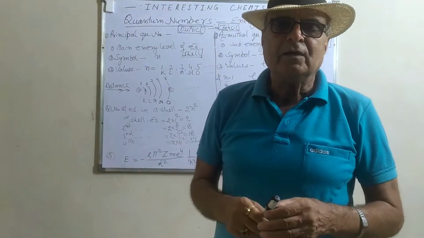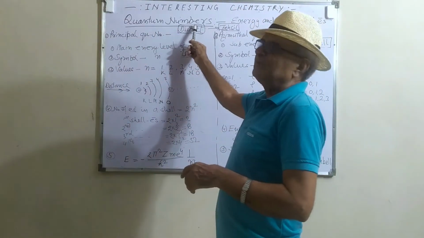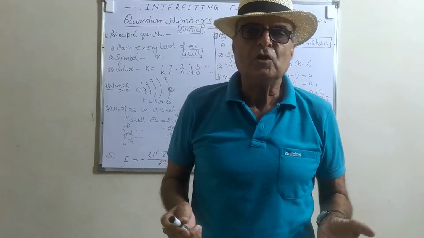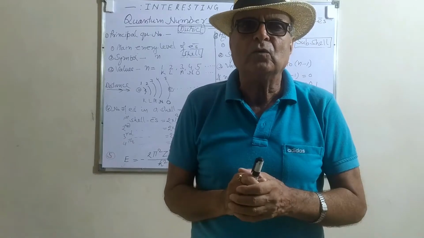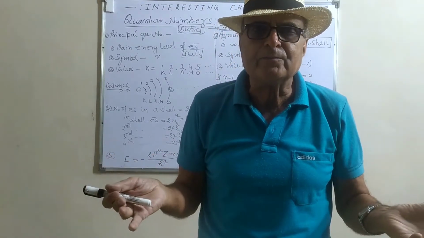For today, my topic is the quantum numbers. Quantum numbers are related to the electron. As you know, the electron revolves around the nucleus in an atom.